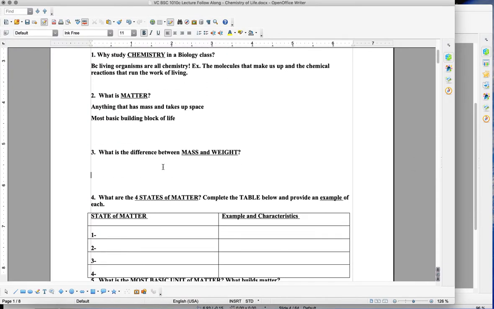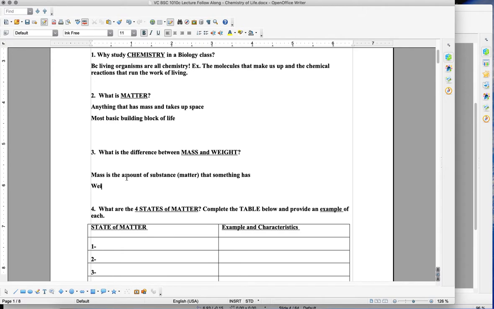All right, so mass, we said, is the amount of substance or matter that something has, and then weight is the effect of gravity.